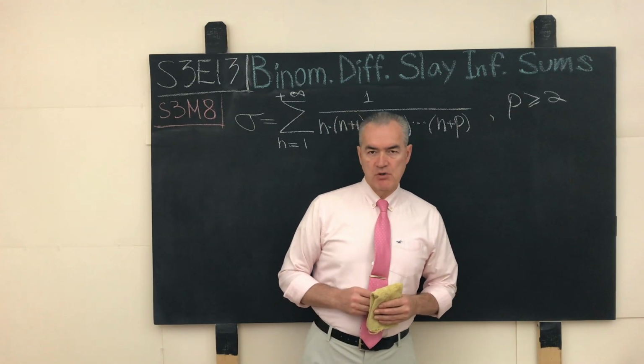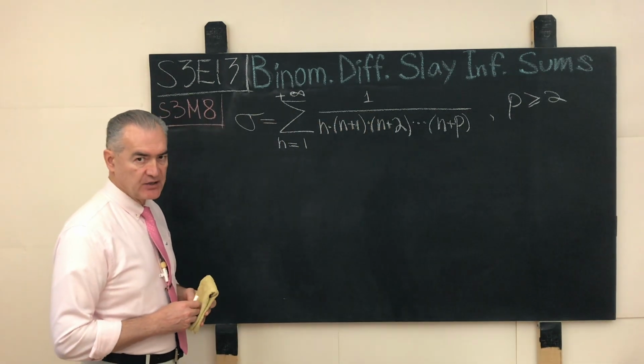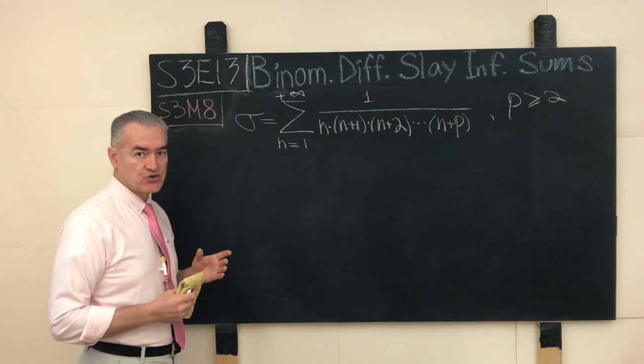In the mathematical problem S3E13, we're asked to evaluate the following infinite sum, in which the summand has the following structure.